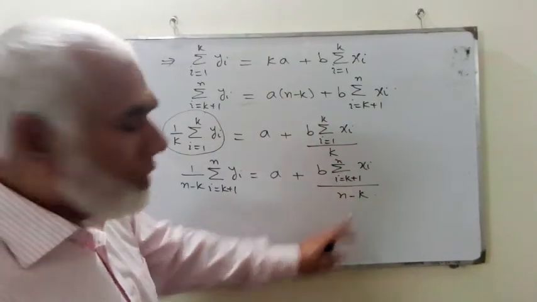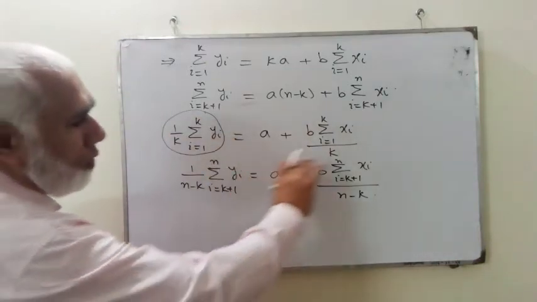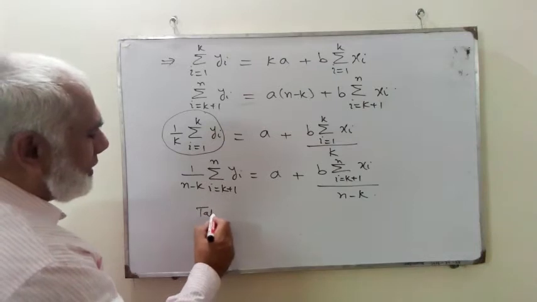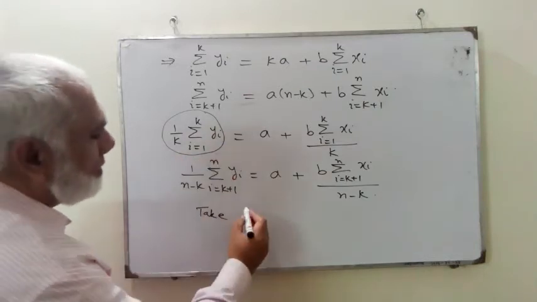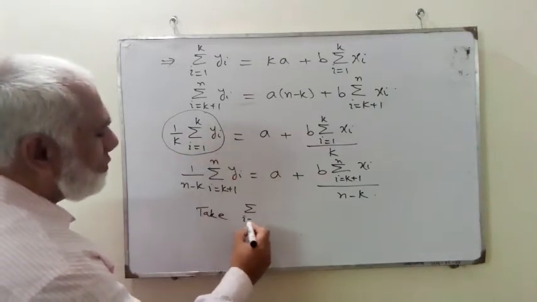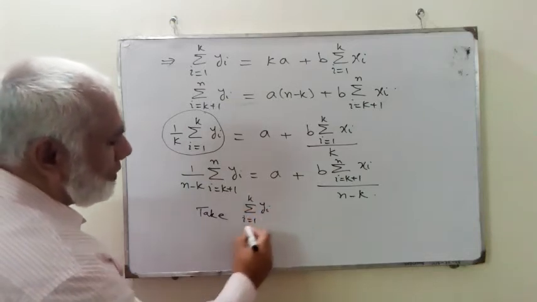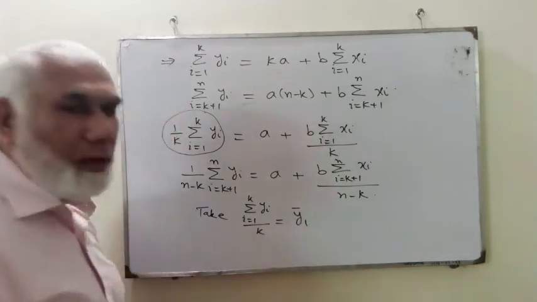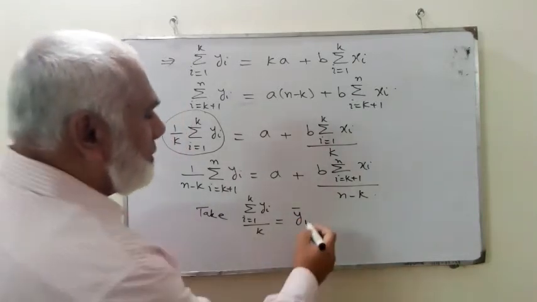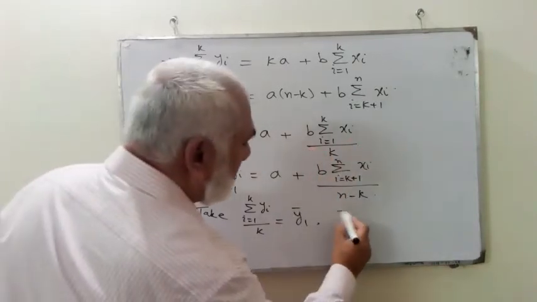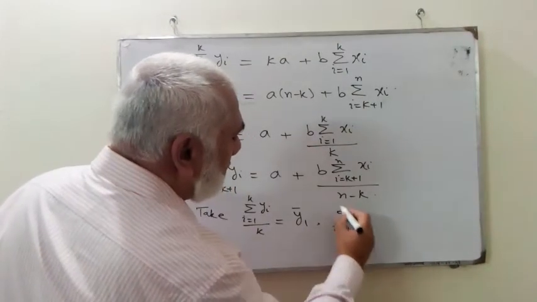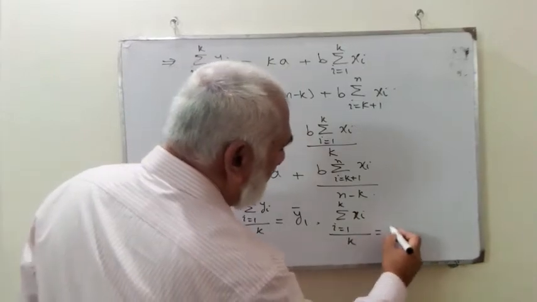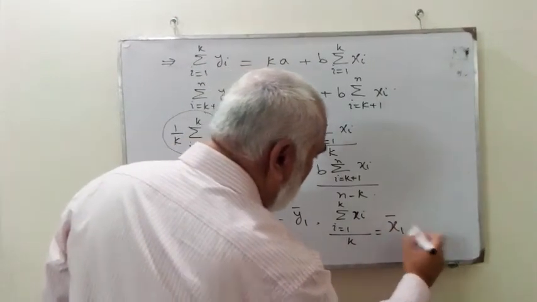So here we are now going to replace all these averages by substitution. Taking sigma i equals 1 to k yi over k, let us call this y1 bar, representing the average. Similarly, this quantity sigma i equals 1 to k xi over k, we call it x1 bar.